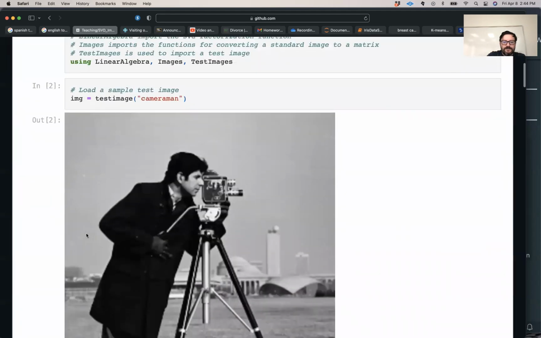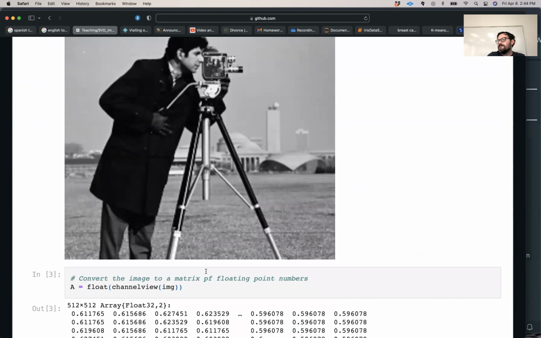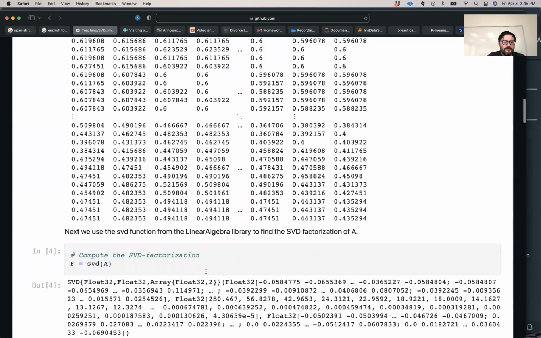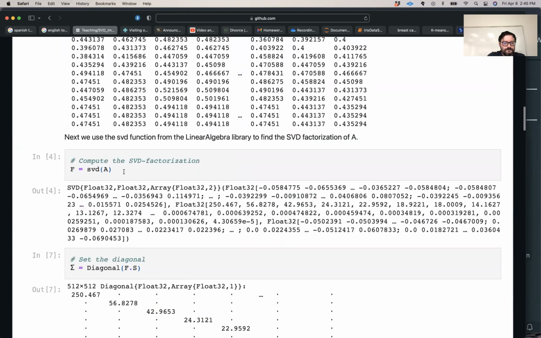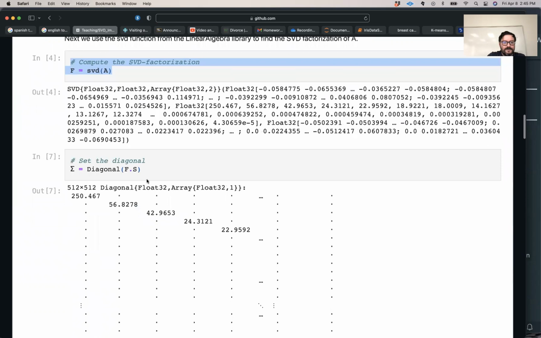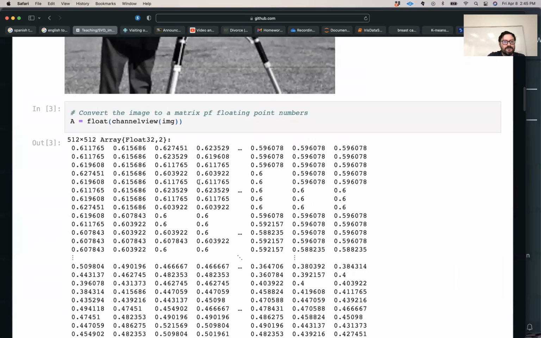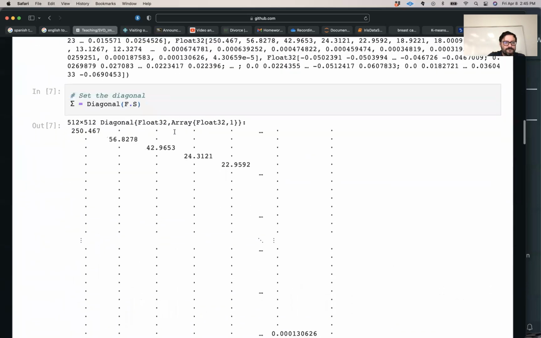So here's an image. This is written in Julia, by the way, and this is not even Julia 1.0. This is a while ago, before 1.0 came out. All right, so here's an SVD. There's a lot of pixels, right? How many pixels are in here? 512 by 512, right?